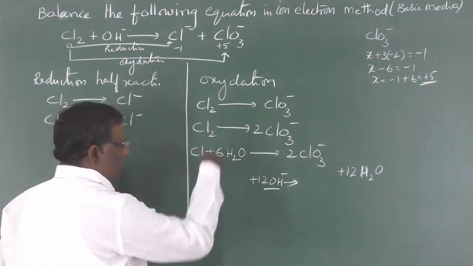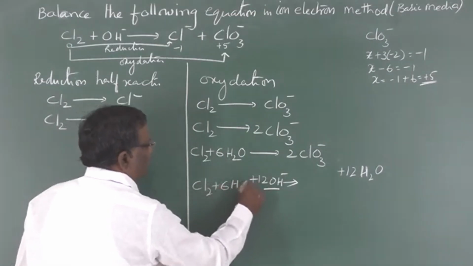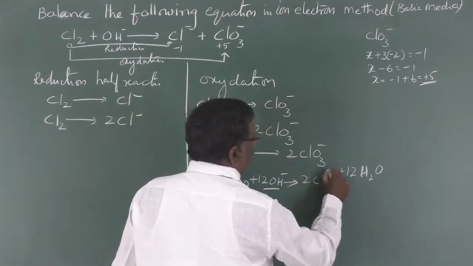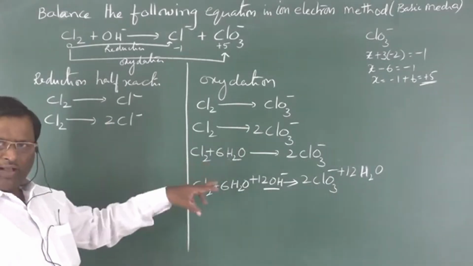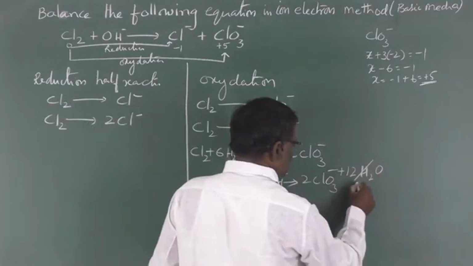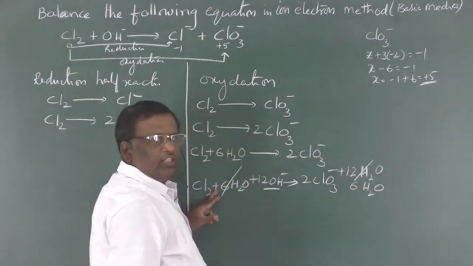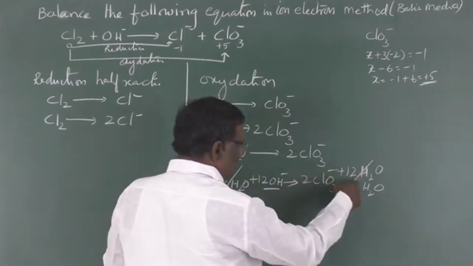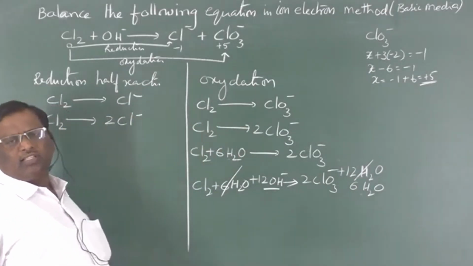Rewrite the equation: Cl2 plus 6H2O plus 12 OH minus gives 2ClO3 minus plus 12 H2O. Now we have H2O on both sides, so remove it. This side you have 6 H2O, that side you have 12 H2O. Cancel this 6 and instead of 12 you write 6 H2O that side.